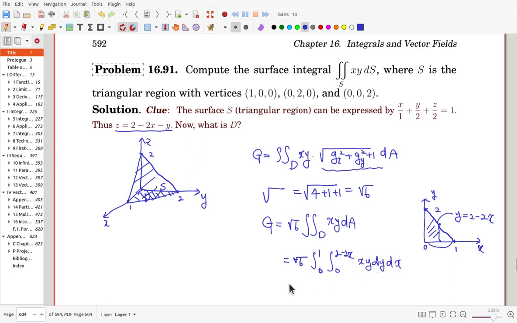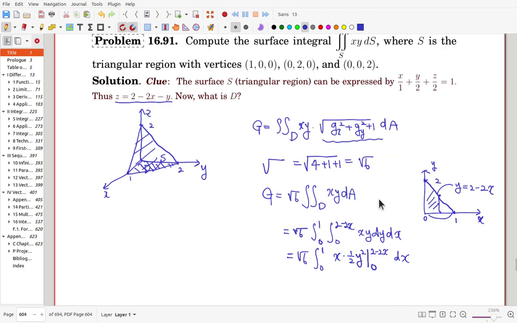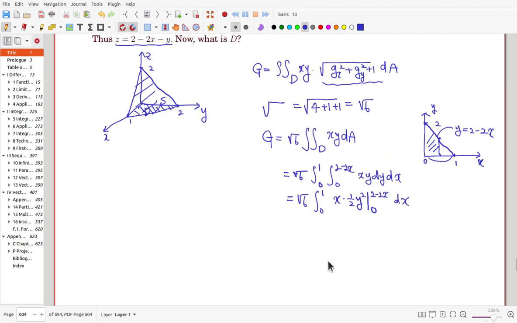So that is the same as square root of 6 times the outer integral. For the inner integral, x times y becomes x times half y squared, its antiderivative, and we evaluate from 0 to 2 minus 2x. Now the half can go out, and that is square root of 6 over 2.